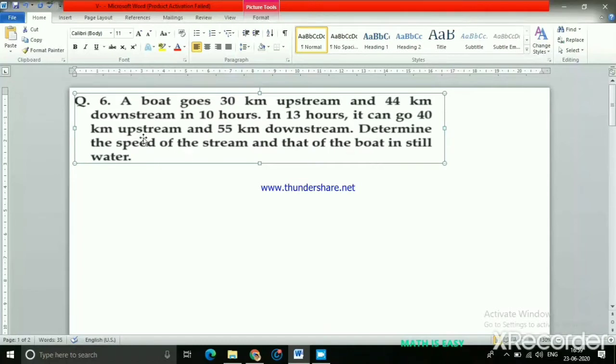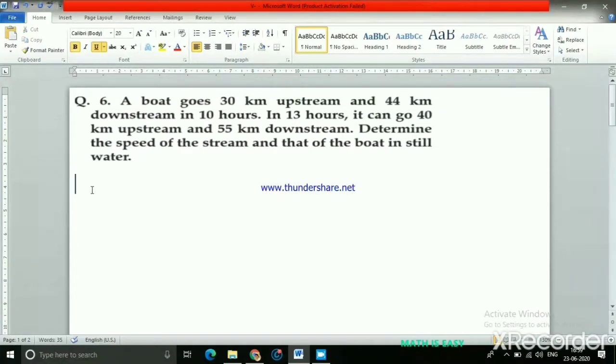So what do you mean by the speed of the stream? If water is flowing, the water must also have a speed. That we call the speed of the stream. And obviously the boat is moving upstream and downstream, so the boat also must have some speed.